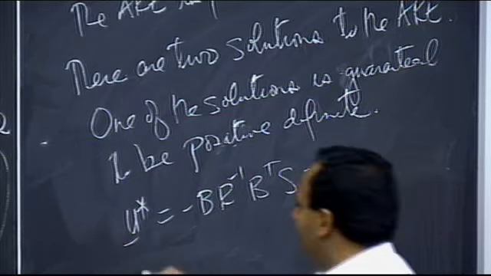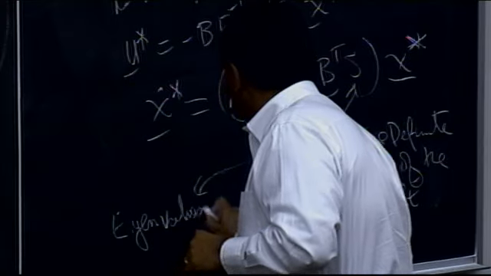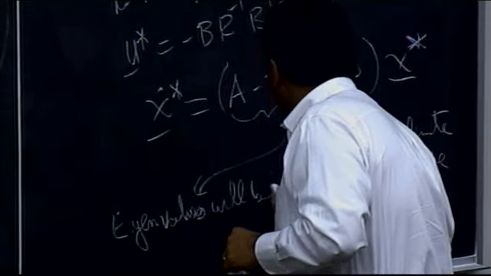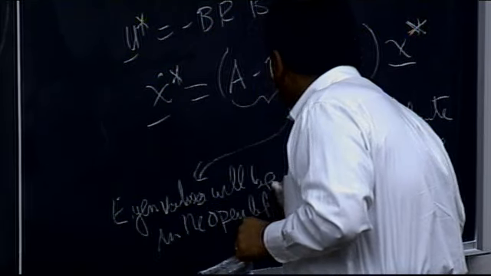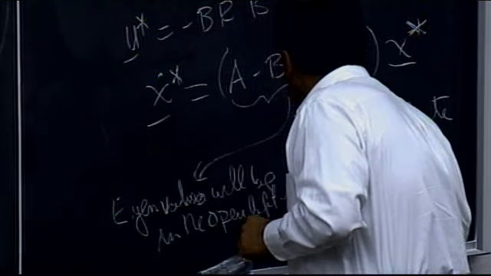It guarantees, if you choose this to be the positive definite solution of the algebraic Riccati equation, that the roots of this matrix, the eigenvalues, will be in the open left half plane.